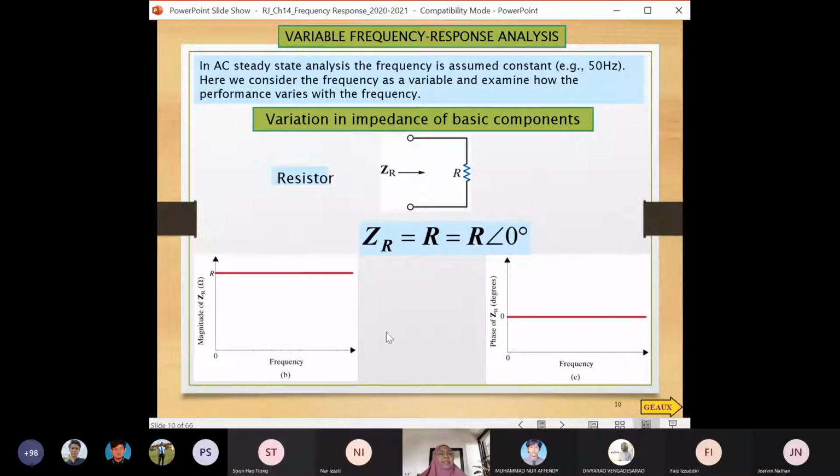Let's see what the effect of variations of impedance is, because it will affect the circuits.